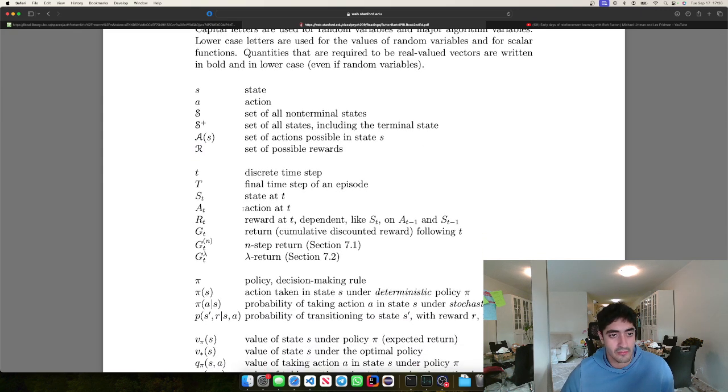Then, t is a discrete time step, capital T is the final time step of an episode, S_t is the state at t, A_t is the action at t, R_t is the reward at t, depending on, that's an interesting point. The time of it matters too, probably.